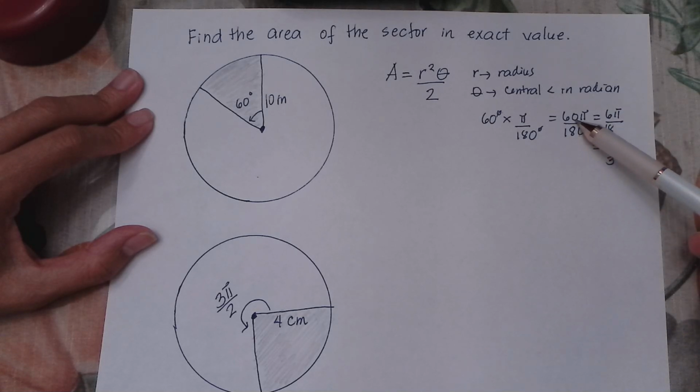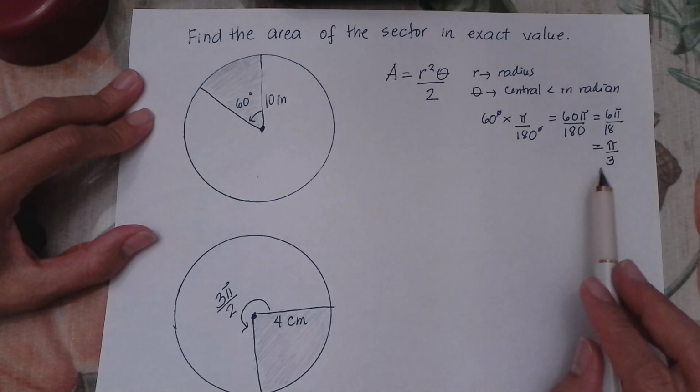If the last digit, the one in the ones place, ends with 0, this is divisible by 10. So just divide first by 10, divide 180 by 10, and then from here you can easily spot that 6 and 18 are both divisible by 6. 6 divided by 6 is 1, 1 times pi is pi, 18 divided by 6 is 3.